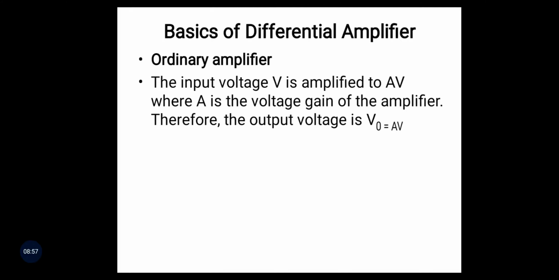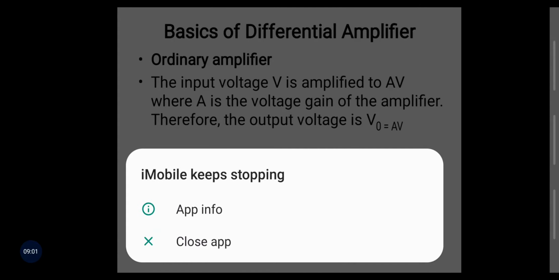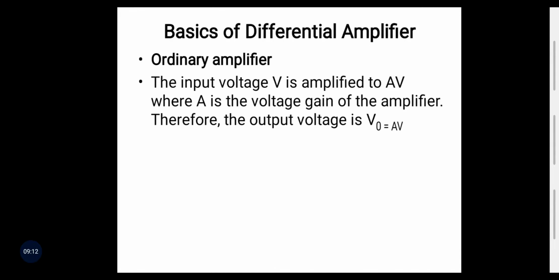A voltage amplifier amplifies the voltage; a current amplifier amplifies the current. Then the output signal is V0 equal to A into V, where A is the gain of the amplifier.